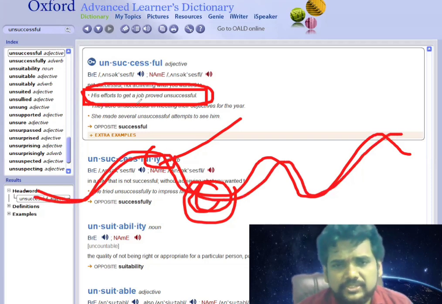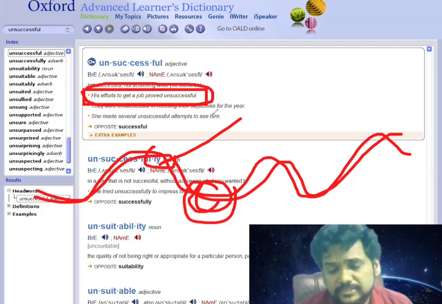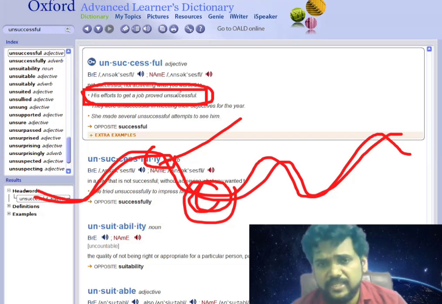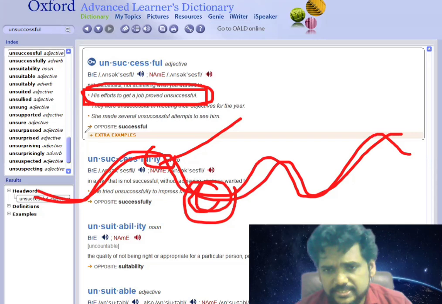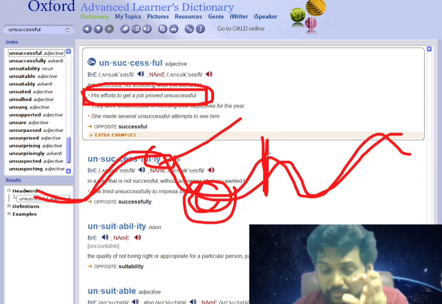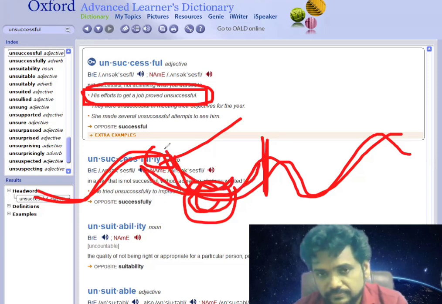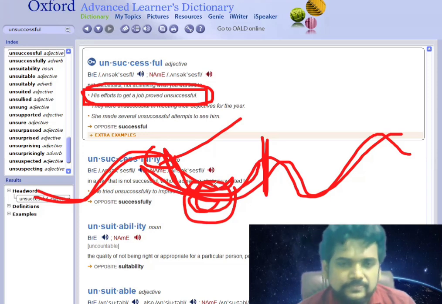His efforts to get a job proved unsuccessful. So in this case, sometimes only the stress point is coming up. Even in a word, the unstressed syllable is going down with the connection of the other words on both sides.